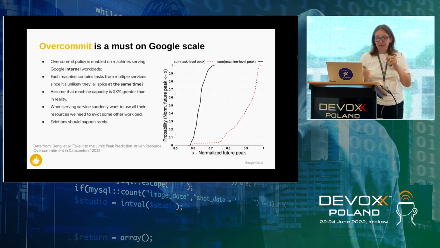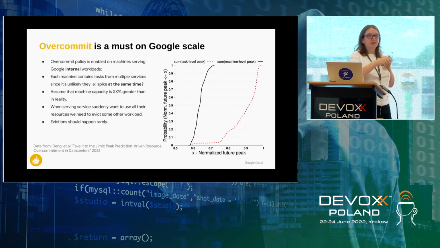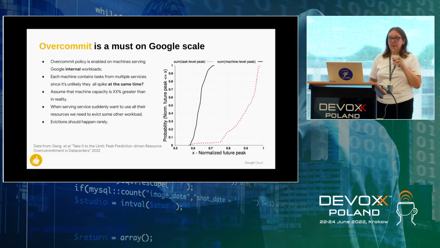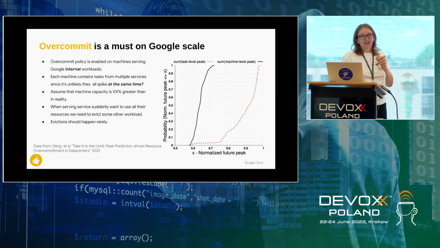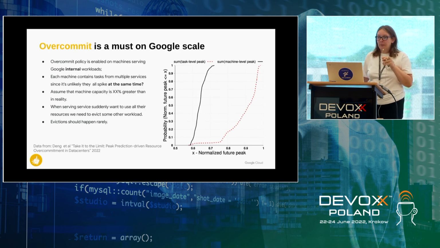So overcommit. This is a policy that is enabled for the machines that are serving our internal workloads. So we already saw that on a single machine, there are tasks for multiple jobs, for multiple different services. What is the probability that they will all spike at the same time? Those are completely unrelated services, so the probability is very low.